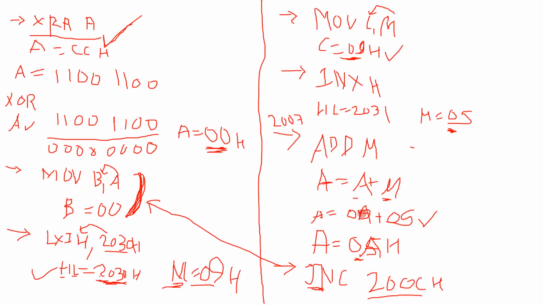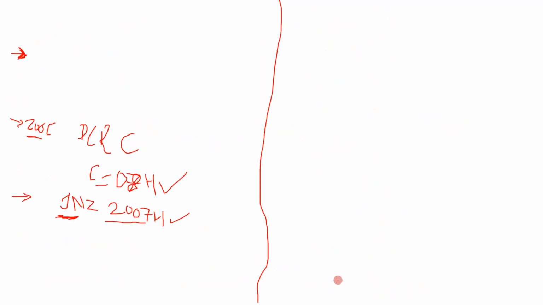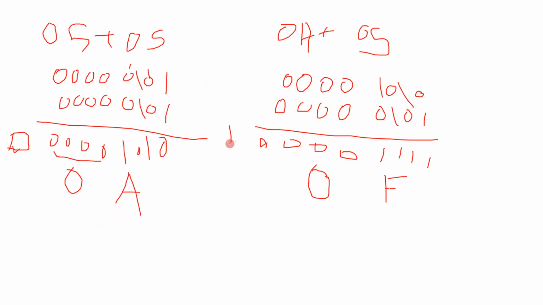So in accumulator, what will be there? 0F. The condition is jump on not carry. Was there any carry?